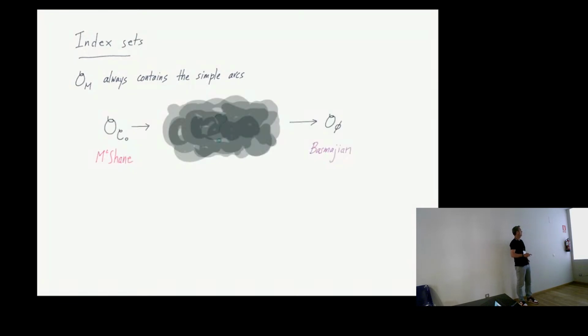And then you have this world that goes between the McShane identity, which is in some sense one extreme of this, and the other extreme is the Basmajian identity, and then you have all possible coherent markings in between, and there are uncountably many of them. And so this is what I wanted to point out.